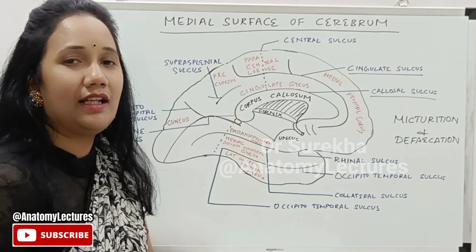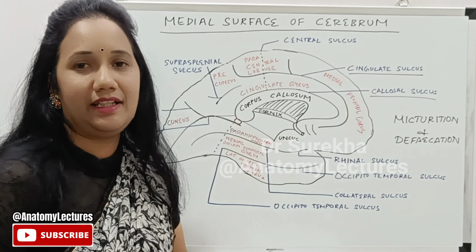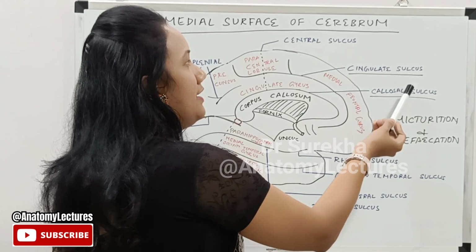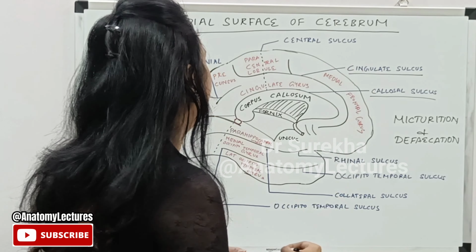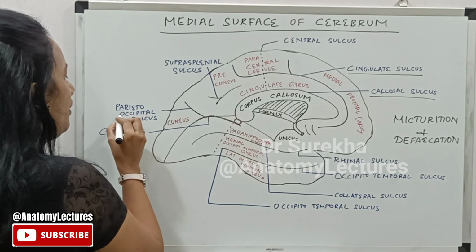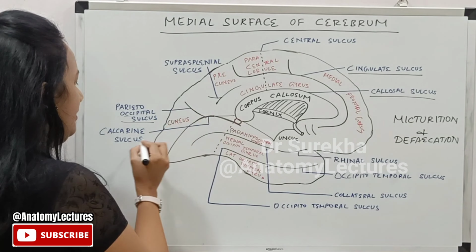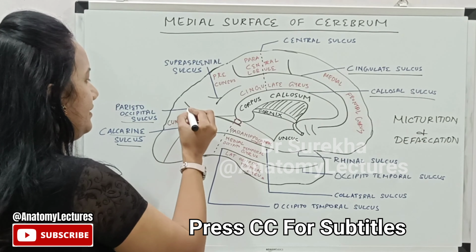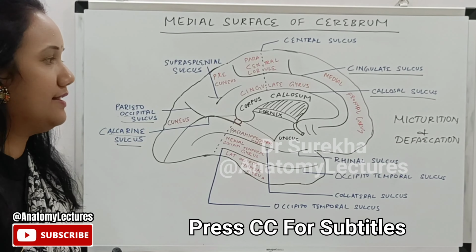The major sulci which you see in the medial surface of the cerebral hemisphere are the callosal sulcus, cingulate sulcus, then the parieto-occipital sulcus and the calcarine sulcus. So this is the calcarine sulcus and this is the parieto-occipital sulcus.